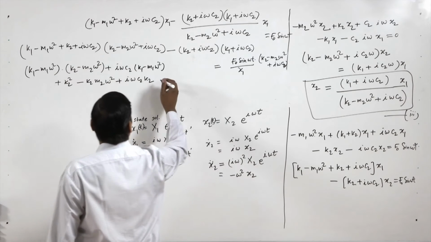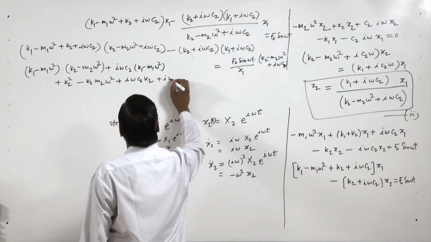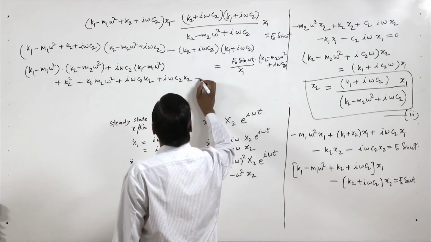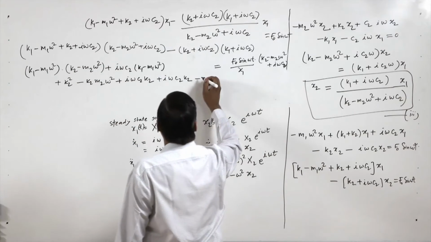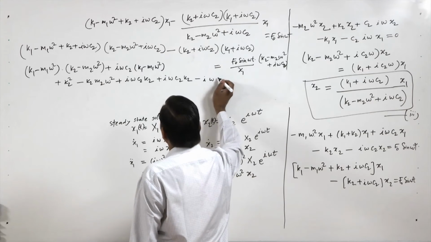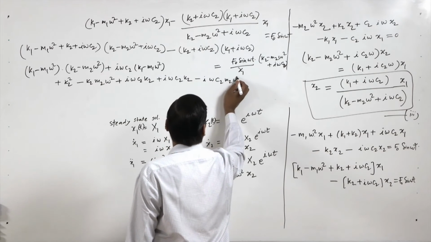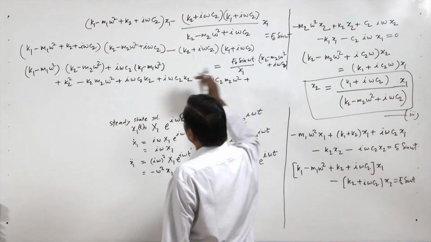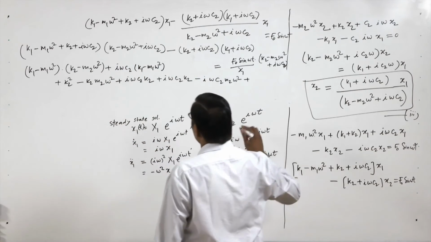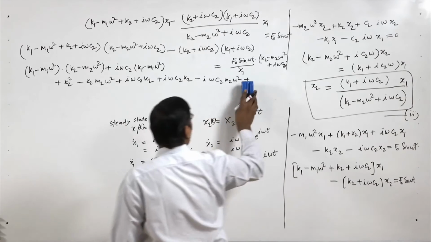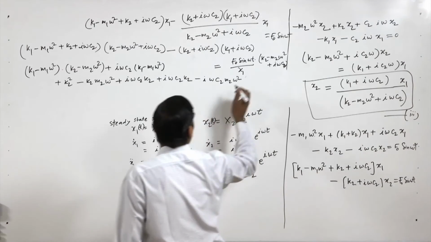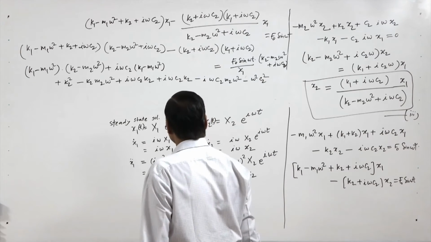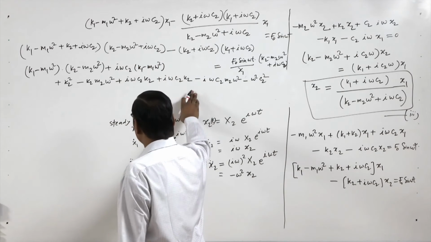Now we multiply with this, so it is plus I omega c2 k2 minus I omega c2 m2 omega square, and here plus I square omega square c2 square. So I square is minus 1, so here we can write minus omega square c2 square. So this is only the left hand side term.